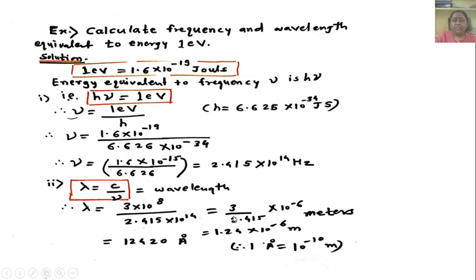After simplification, λ = 3/2.415 × 10^-6 meter. So we get λ = 1.24 × 10^-6 meter. Here λ = 12,420 angstrom, using 1 angstrom = 10^-10 meter.